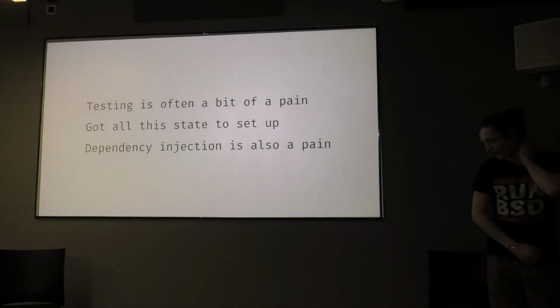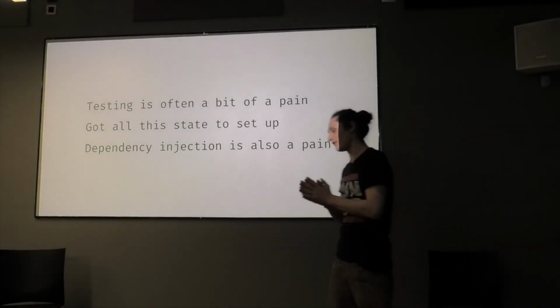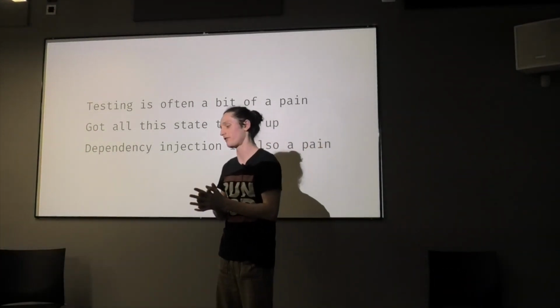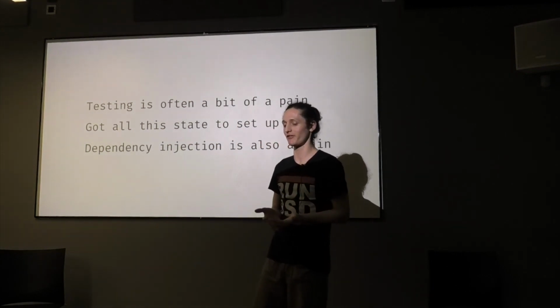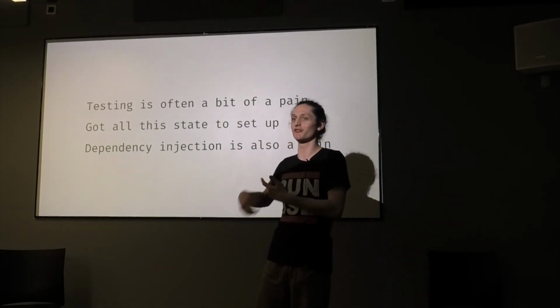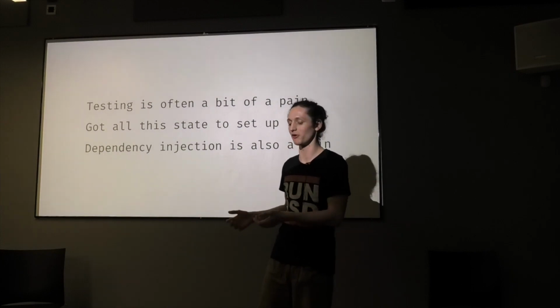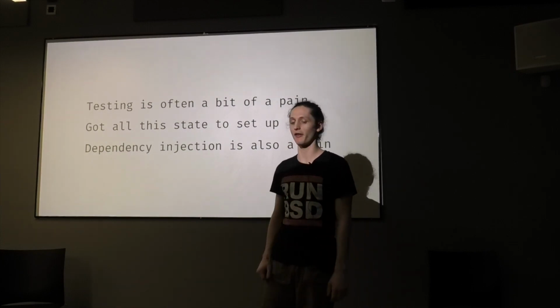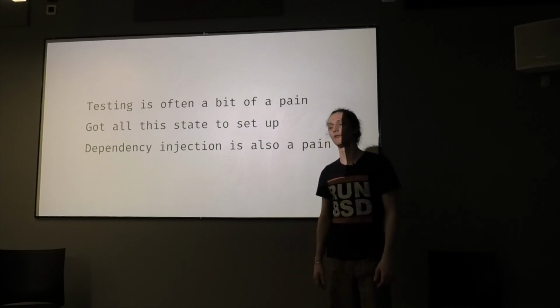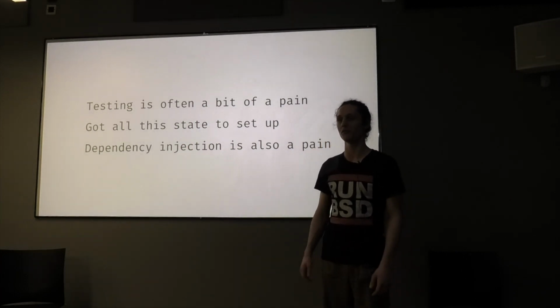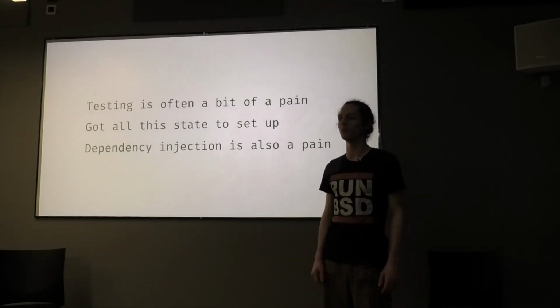So another thing that gets easier with functional languages is testing. A big part of testing is making sure you have everything set up that your system's going to be using. Whether that's a file system, obviously file systems are slow, so often people mock them out. All of that stuff is a bit of a headache.